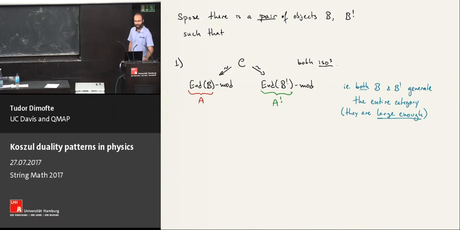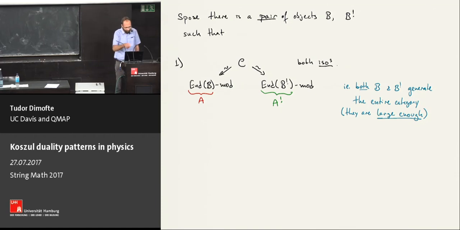So I wanted a bit more structure in physics. Suppose that our category C has a pair of objects that are both very large in the sense that they see the entire category. Mathematically, you'd want to say that they generate the entire category.